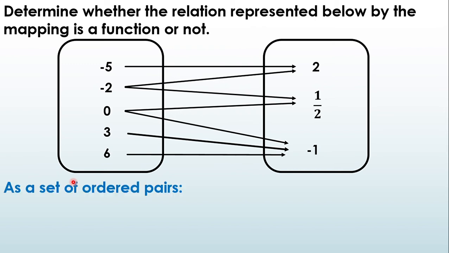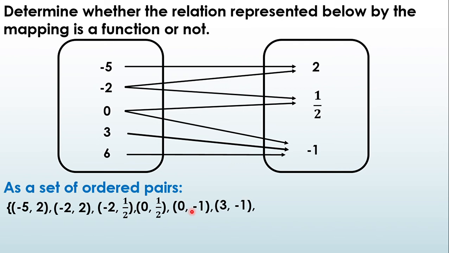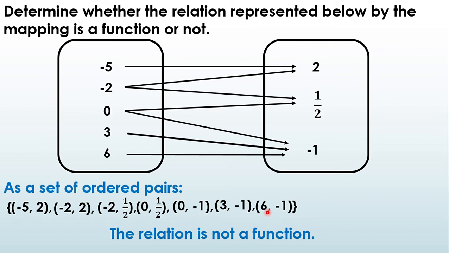So, by writing it as a set of ordered pairs, we have (-5, 2), (-2, 2), (-2, 1/2), (0, 1/2), (0, -1), (3, -1), (6, -1). So, therefore, since the x-coordinate 0 is repeated and x-coordinate -2 is also repeated, the relation is not a function.